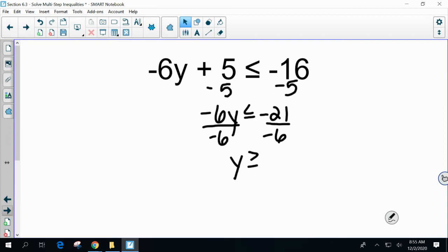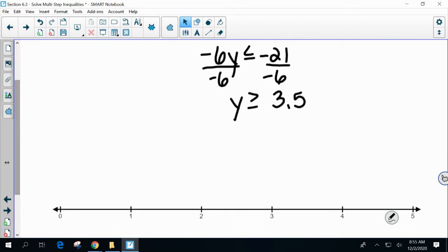And negative 21 divided by negative 6 is positive 3.5. So then I'm going to graph that. So y is greater than or equal to positive 3.5, which would be right here, and I'm going to arrow to the right.